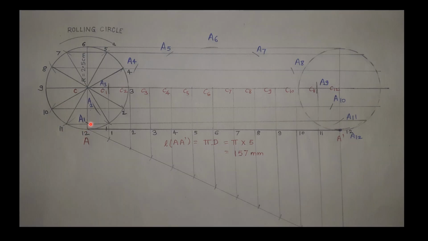So here, taking distance in my compass equal to 25 mm and selecting different centers from C1 to C12, I have marked here points A1, A2, A3, A4, A5 up to A12. This is a very important step.